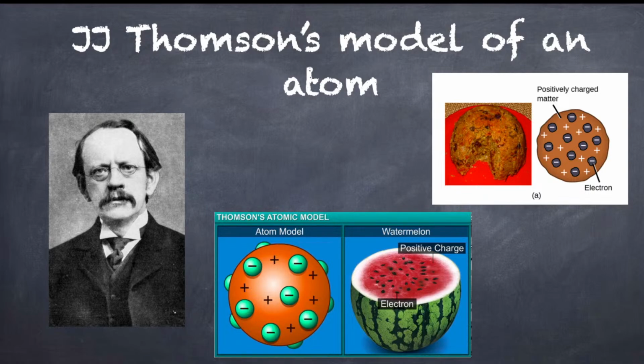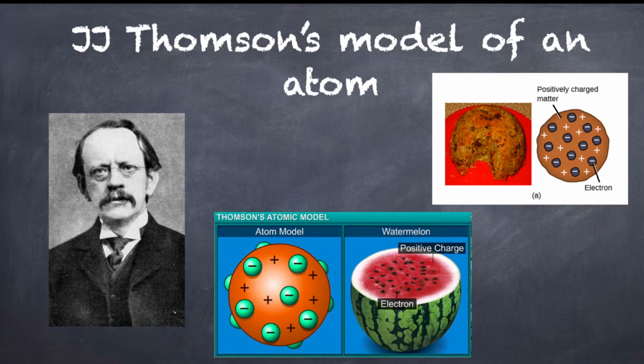Let's look at an example of this watermelon. He said that the red pulp, which is the larger area in the watermelon, was a positive charge, and inside the positive charge were embedded the black seeds, which were the electrons. So his model of atom was called the plum pudding model.